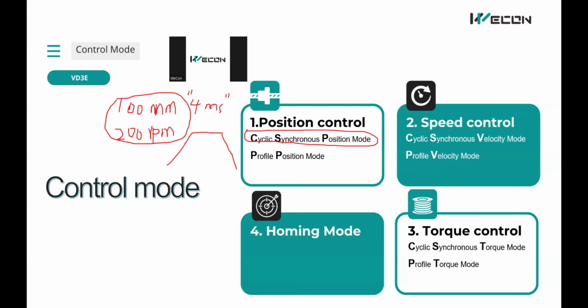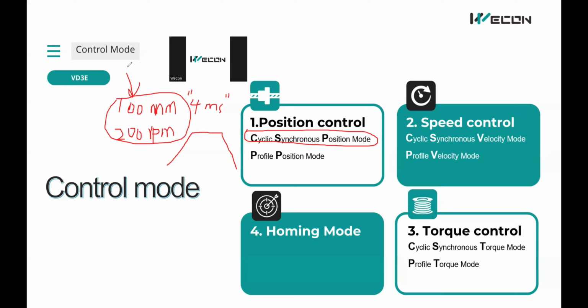So it will control our driver to achieve our target position every 4 ms. But for PP, it means at the very beginning, our controller will send the target position and target speed, and also maybe acceleration, deceleration, and jerk, and also some other control parameters. It sends all the parameters to our driver, and the driver will calculate itself to achieve the target position.